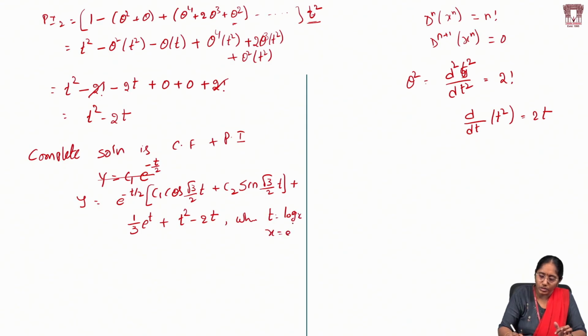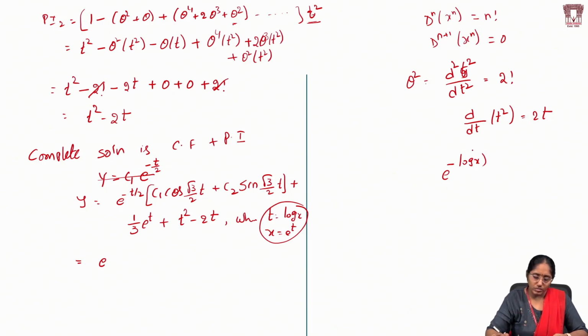Using this substitution, convert the total equation in terms of x. Here e power minus t by 2 is e power log x to the power minus 1 by 2, to the base e.